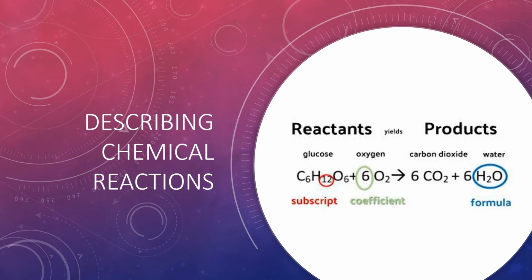So if we are going to be trying to answer the question of what information does a chemical equation contain, well, first of all, let me tell you that a chemical equation is a way to show a chemical reaction using formulas and other symbols instead of words.